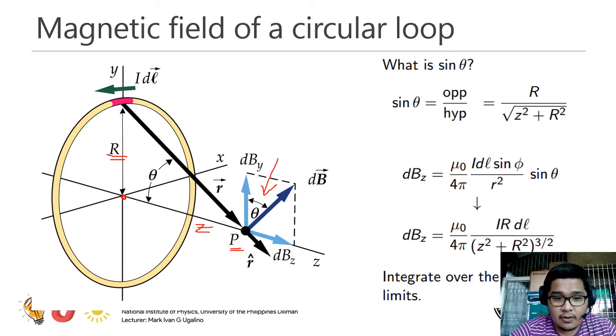Therefore, we must be able to express sine theta in terms of r and z, and that we can do by using trigonometric relations. Now, since we define this to be theta, we know that this angle is the complement of theta, which is pi over 2 minus theta.